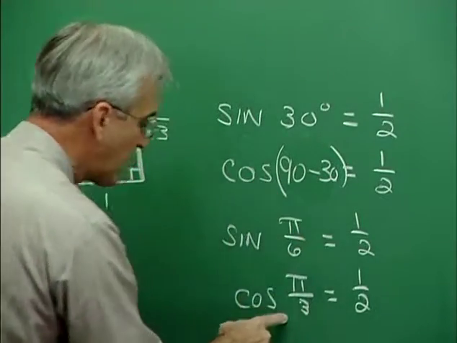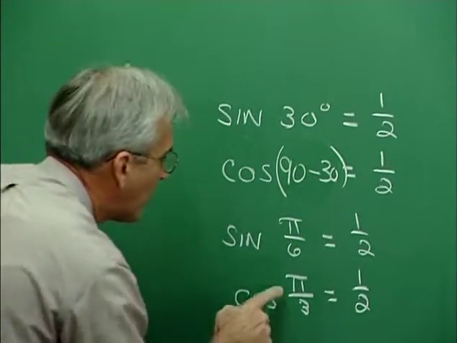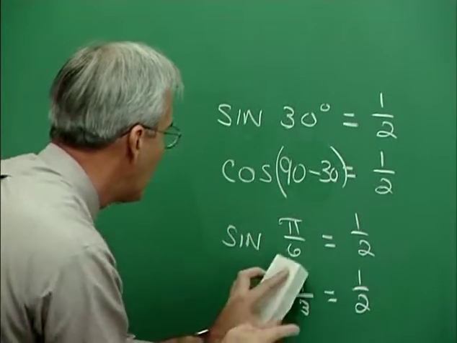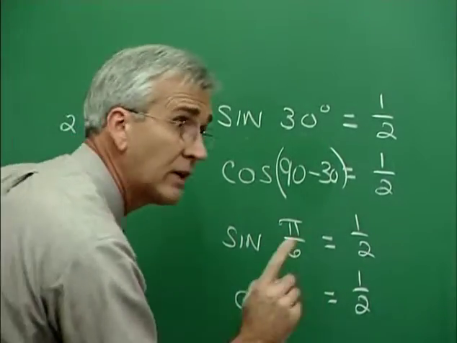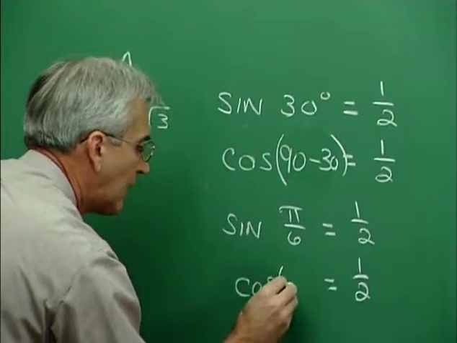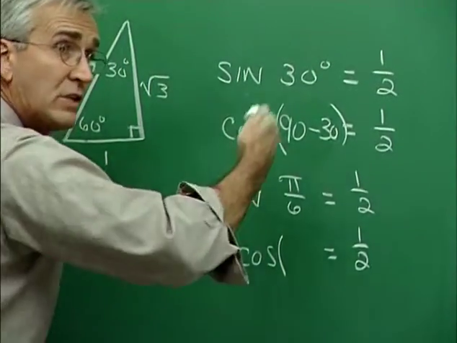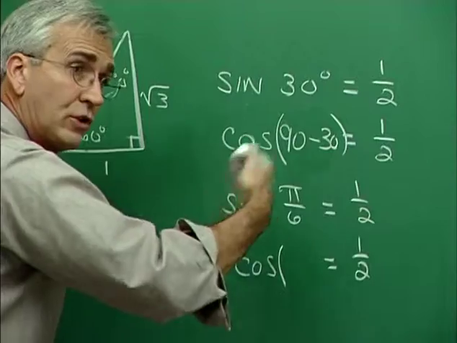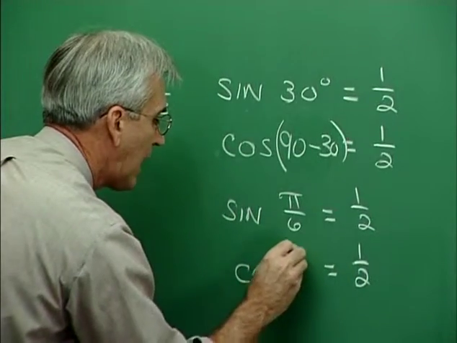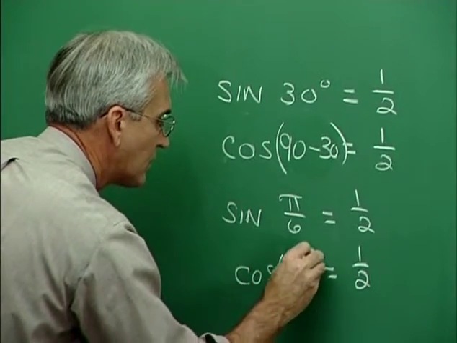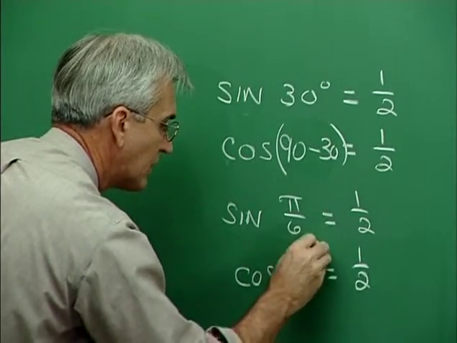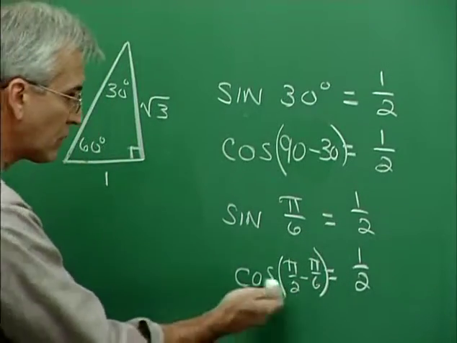And here, when I'm generating a complement, if I want the complement of pi over 6 to be pi over 3, well, here's how I find it. I take 90 degrees minus the given angle, or pi over 2 minus the given angle. So this is pi over 2 minus pi over 6, you see, to give the pi over 3 result here.